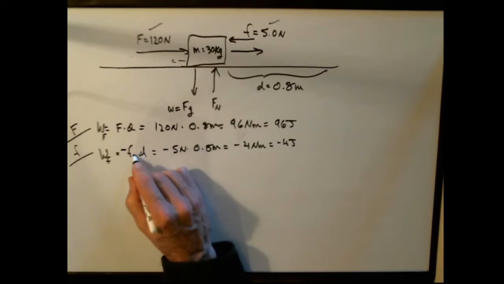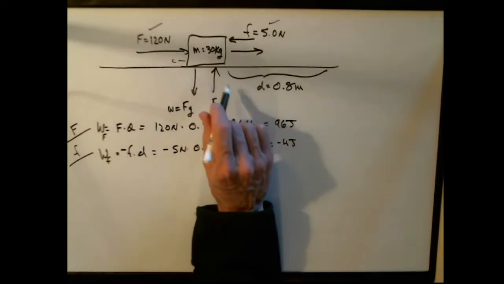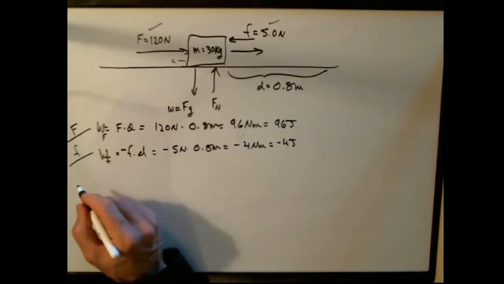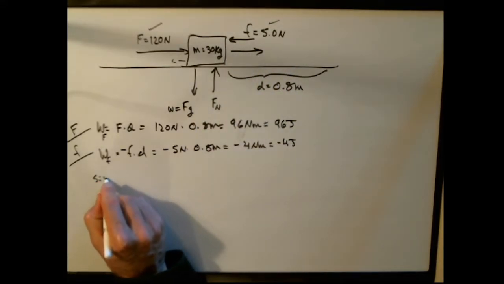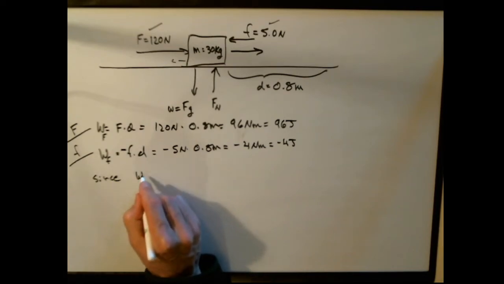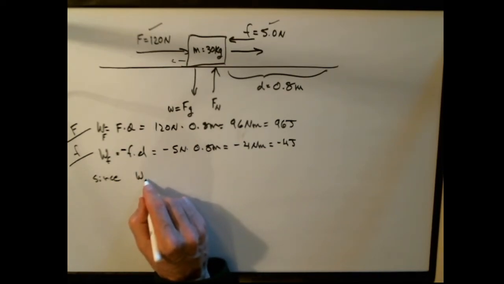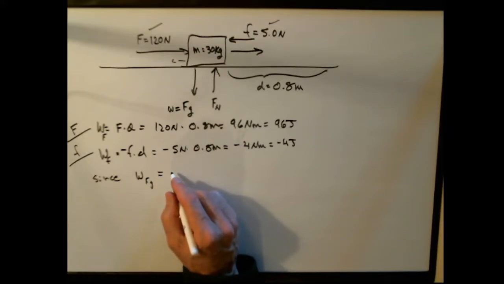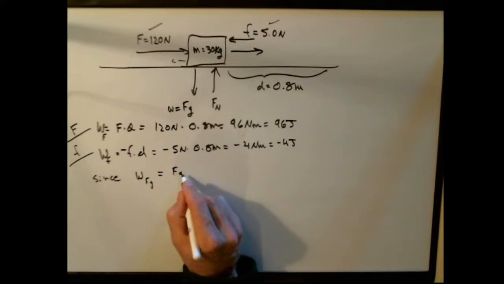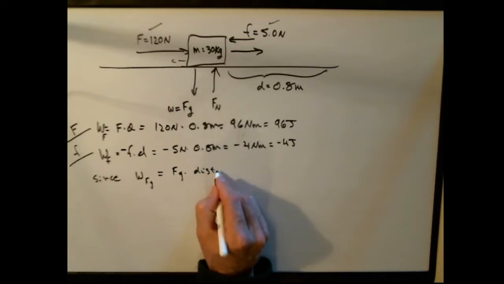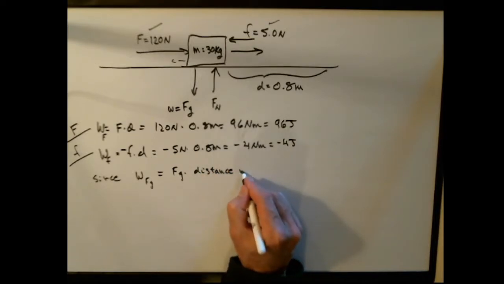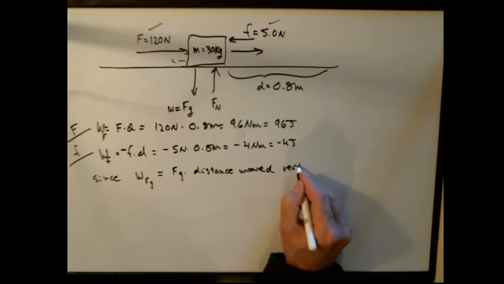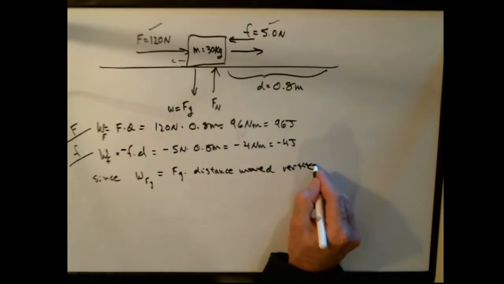But here, for these two guys, the distance moved is perpendicular to the direction of the force. And so since the work done by the force of gravity is equal to the force of gravity times the distance moved in the same direction vertically.